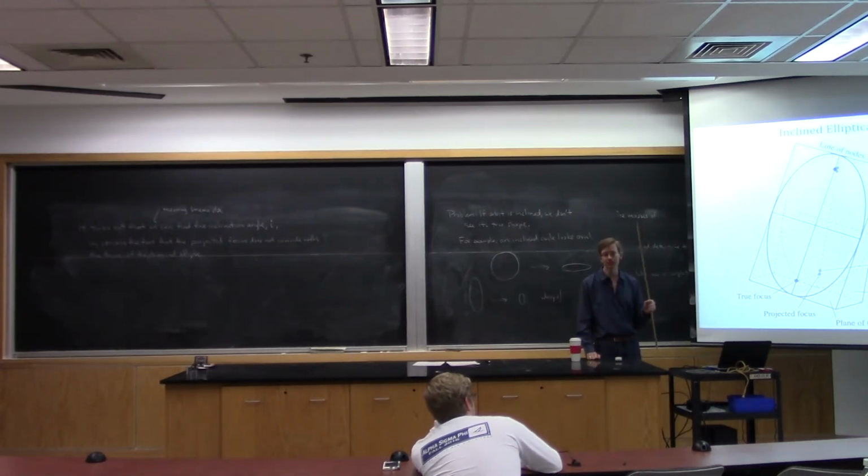The projected focus is the projected true focus. What I want to say is, how far is the apparent focus from the projected true focus, and in what direction is it displaced? It turns out you can figure out what the inclination is. You can do some geometry and figure that out.